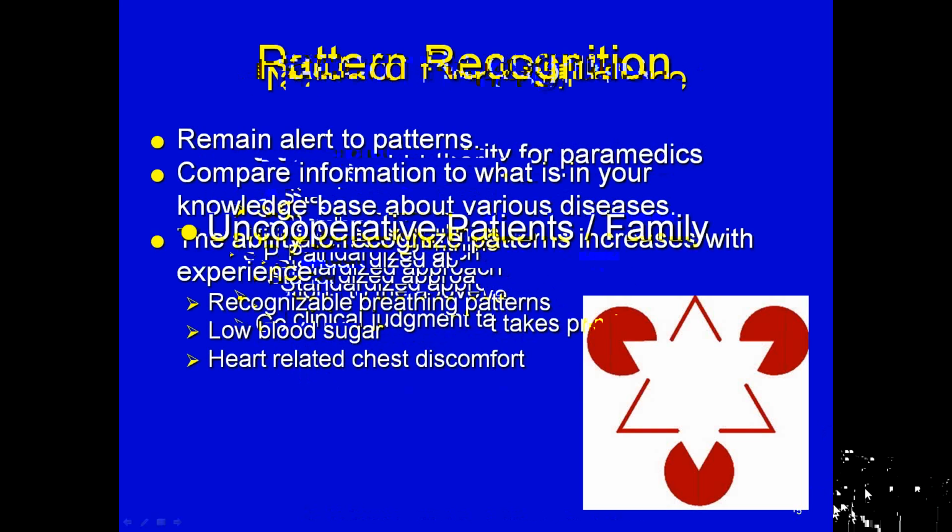And distracting injuries can affect us. If we arrive on scene and somebody's got a gunshot wound to the face and we see all that soft tissue damage, we may be focusing on that soft tissue damage when in fact we need to be focusing on the airway. So distracting injuries can affect our ability to make good decisions.